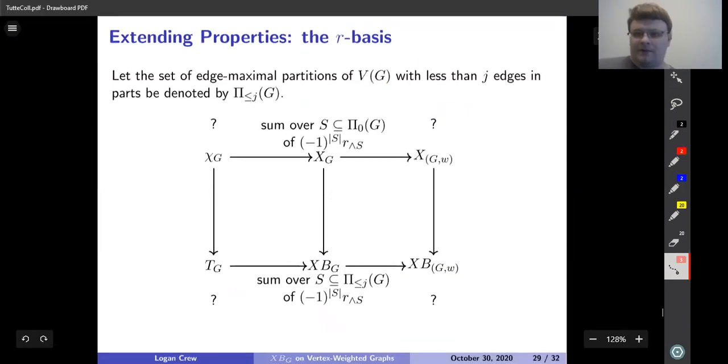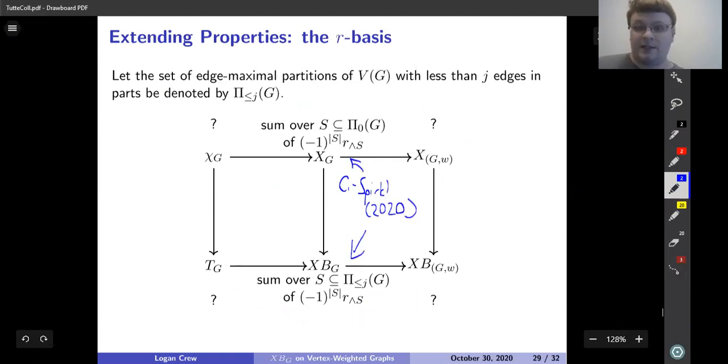What we end up with from the R basis, and this is a different result of ours from a different paper that we published in the last couple of months, is that what the R basis tells us is intersections of these partitions. In the case of XB, we let this be the number of partitions of G into stable sets that are maximal. Then what we get is an alternating sum over the intersections of these maximal stable partitions.